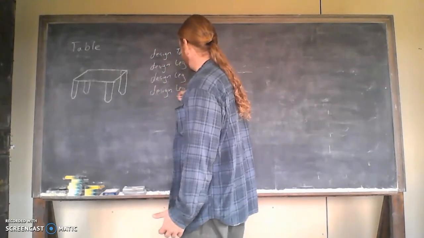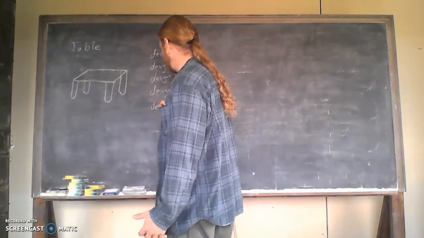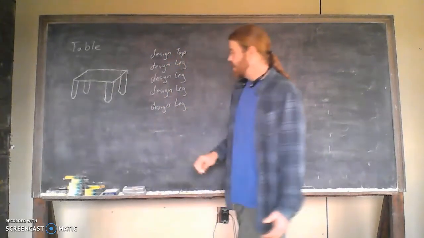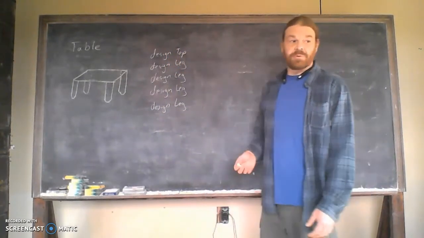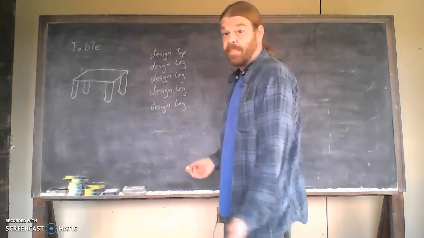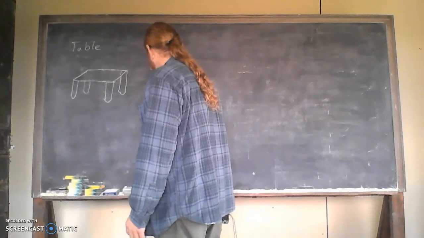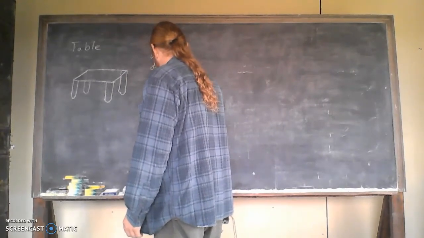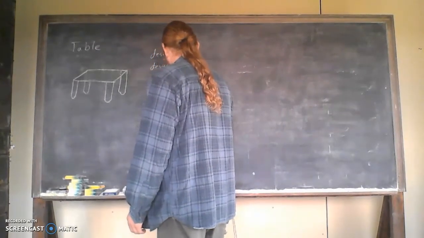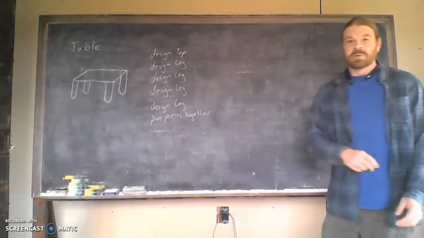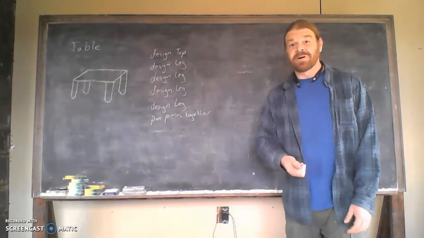Design another leg. Design another leg. And kind of go through all of that, and then we put the pieces together. Kind of what we've been doing so far, right?